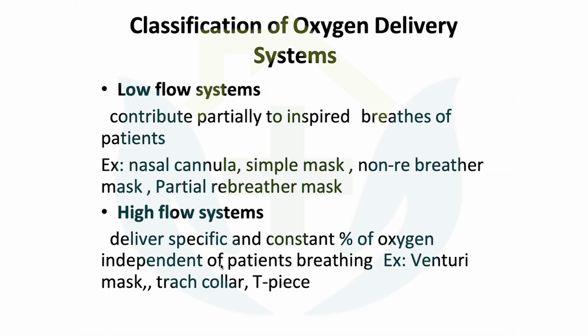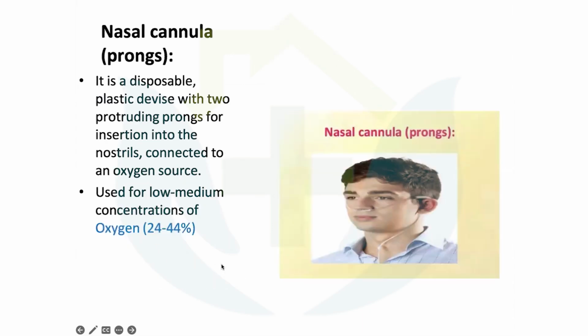Low flow system contributes partially to the patient's breathing, and its flow is less. These are nasal cannula, simple masks, non-rebreathing masks, and partial rebreathing masks. High flow system delivers a specific and constant percentage of oxygen independent of the patient's breathing, like Venturi masks and T-piece. These all are, and HFNC is also a part of the high flow system.